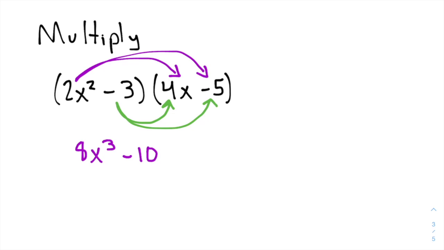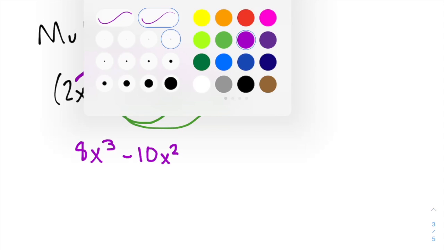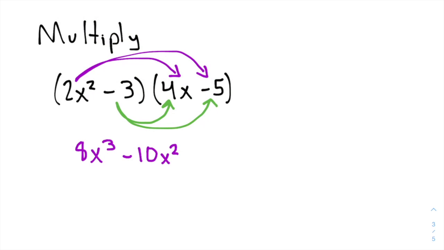There's nothing for me to multiply that x squared with, so it just tags along. Now, taking this as a negative 3 to distribute to the terms in the second parenthesis, I get negative 3 times 4x is negative 12x. Negative 3 times negative 5 is a positive 15.